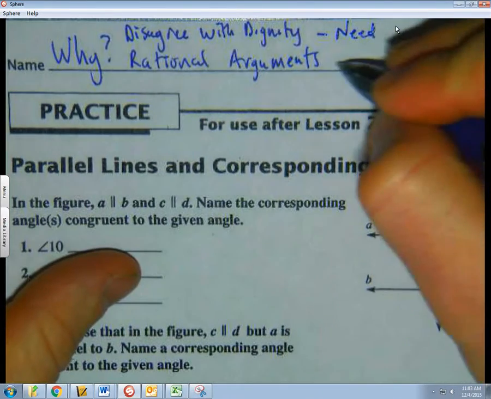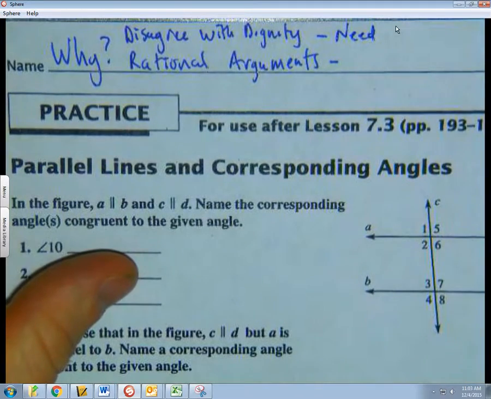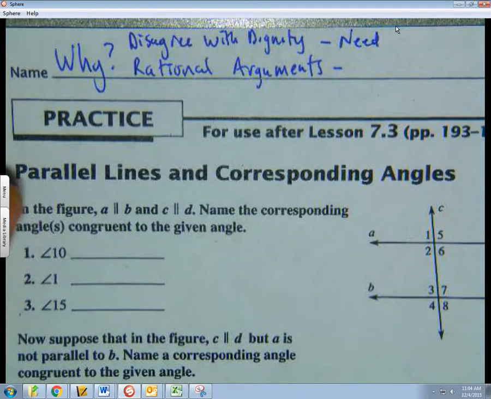And then the rational arguments part is that forming a rational argument, or argument based on fact and logic, will help you to make good decisions.